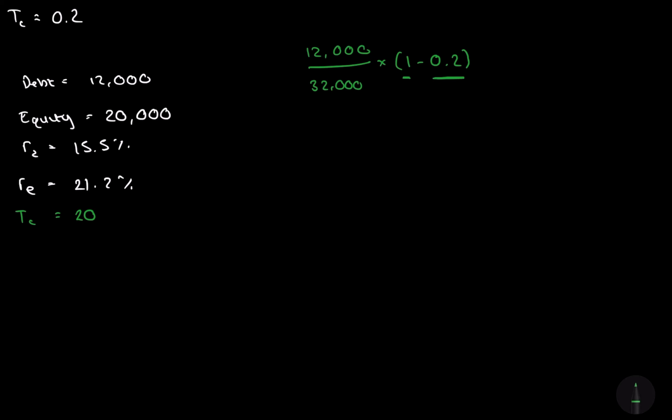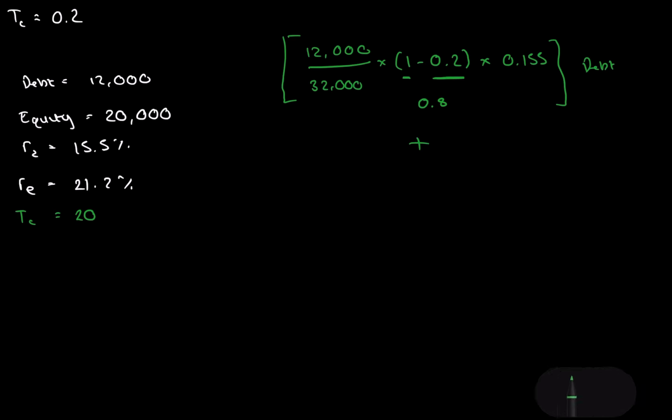So essentially we're only paying 0.8 of our corporation tax once we have deducted our interest. Then we'll times this by the 15.5%. Remember, this is percent. Ideally, what I should have put is 0.155. Put this in brackets, that is for debt.